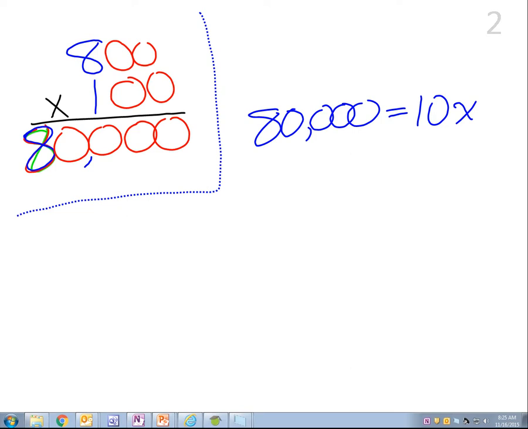Or what you could do, to make this not too algebraic for the 6th grade math class, is this: however many zeros are connected to that x, you just get that many zeros to go away from the other side. How many zeros are connected to this x in this situation? There's 1 here, so that means I'm going to get 1 to go away here. So I have 8,000 equals x.